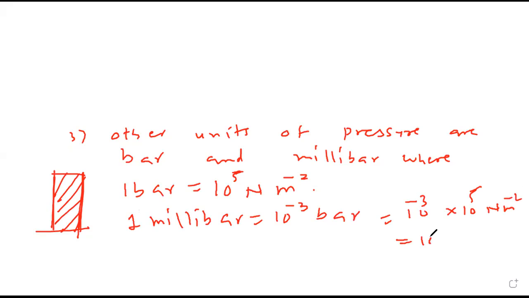So it is nothing but 10 raised to plus 2 Newton meter raised to minus 2. Right. 1 bar means actually 1 atmospheric pressure, which has a value of 10 raised to 5. Please practice two times, otherwise you will forget the terminology.